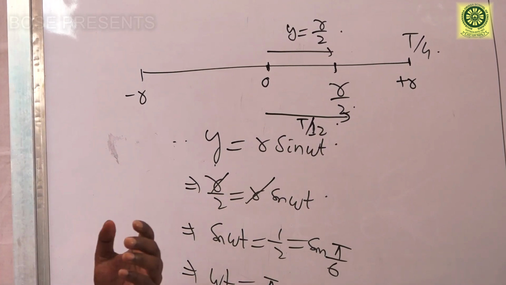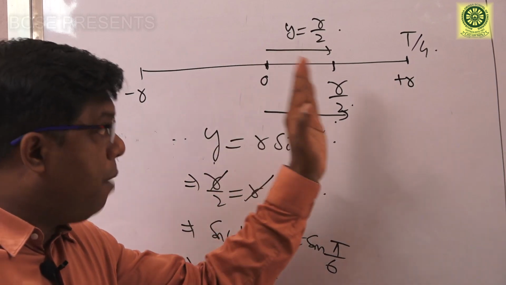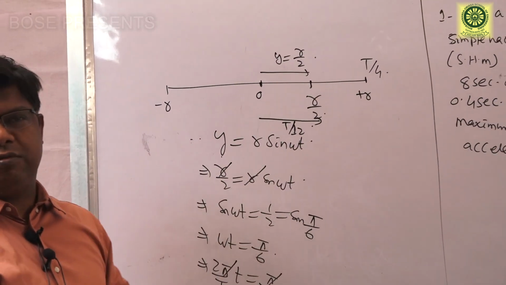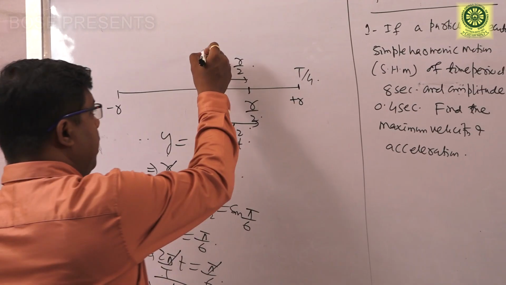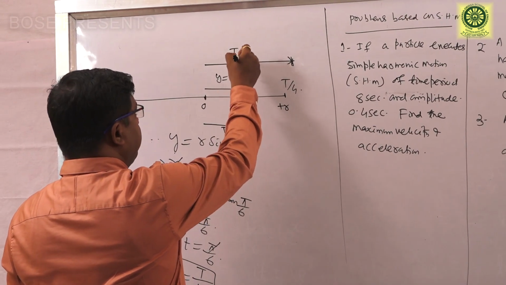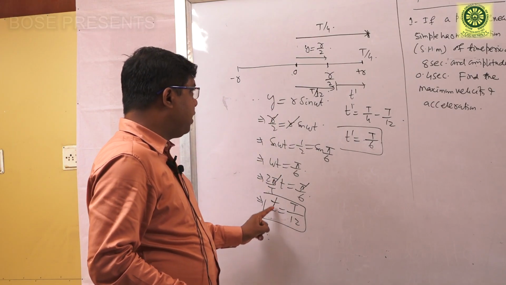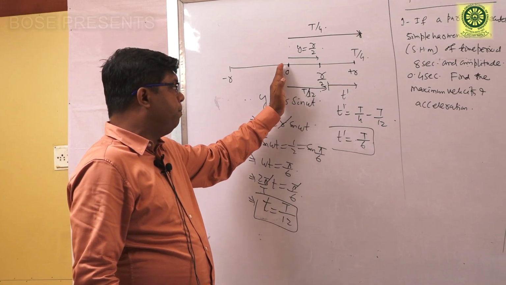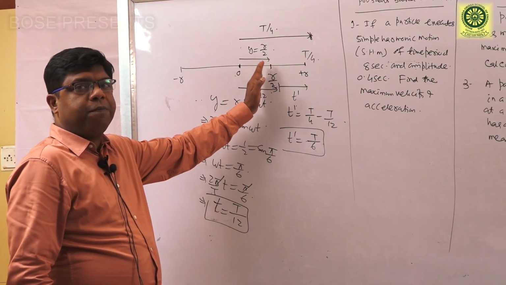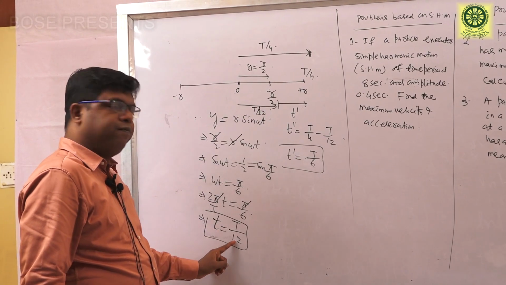Again the question is: what is the time taken by the particle to travel from half of the amplitude to the extreme position? Total time from mean position to extreme position is T by 4. Already I have proved that the time from mean position to half of the amplitude is T by 12.